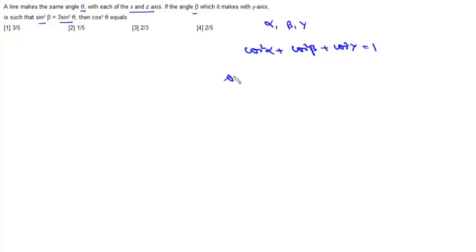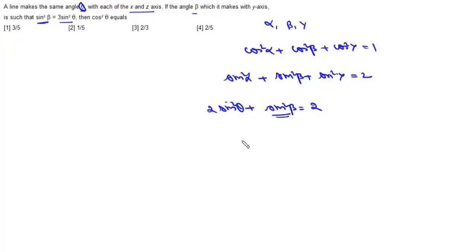We can write this as sine square alpha plus sine square beta plus sine square gamma equals 2. Here two angles are theta, so we can write this as 2 sine square theta plus sine square beta, and it will be equal to 2. Now it says sine square beta is 3 sine square theta, so we put 3 sine square theta here. We can write 5 sine square theta equals 2.